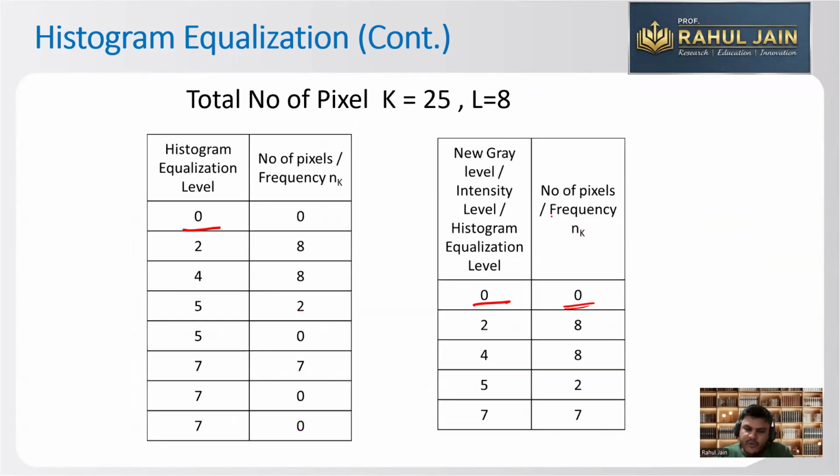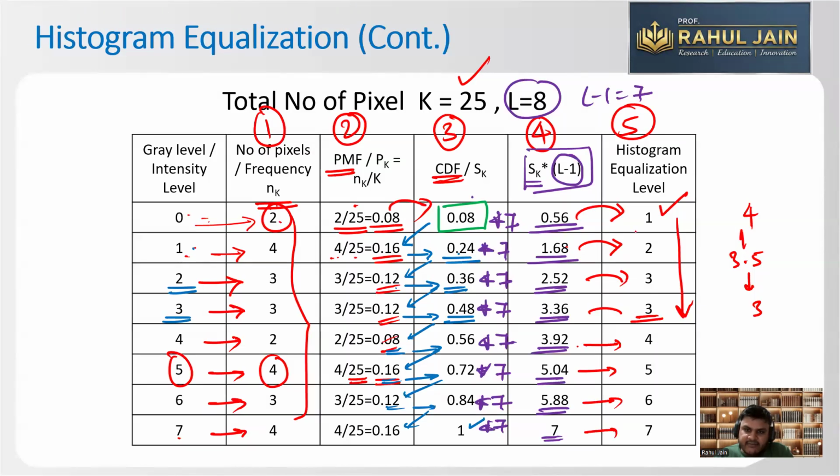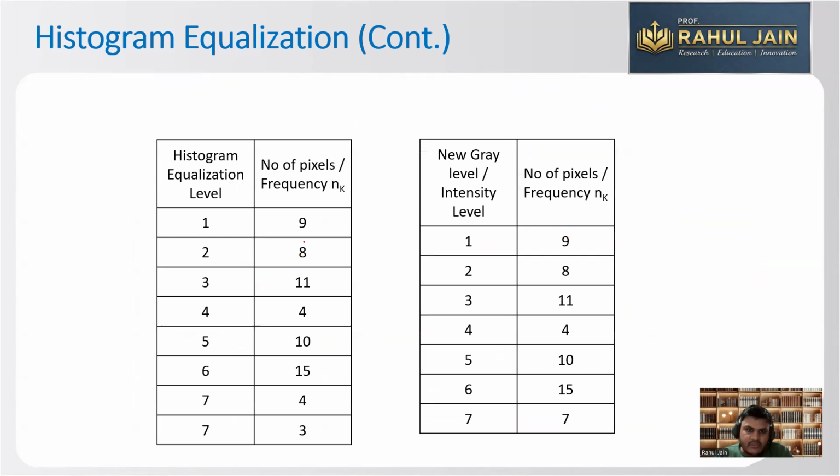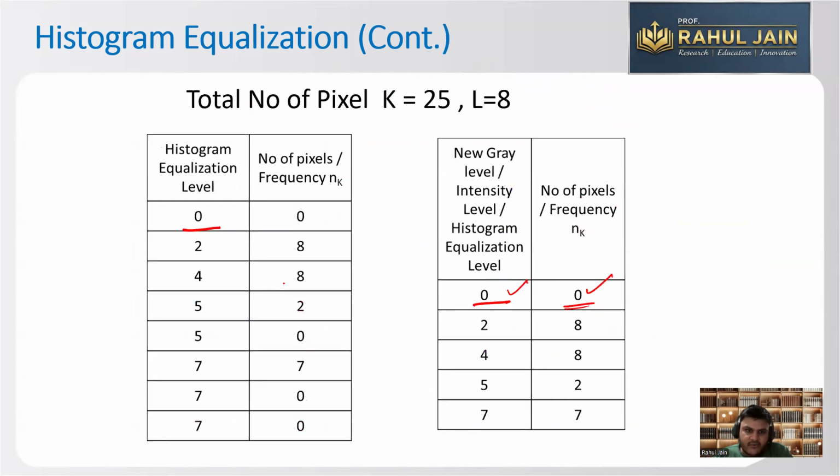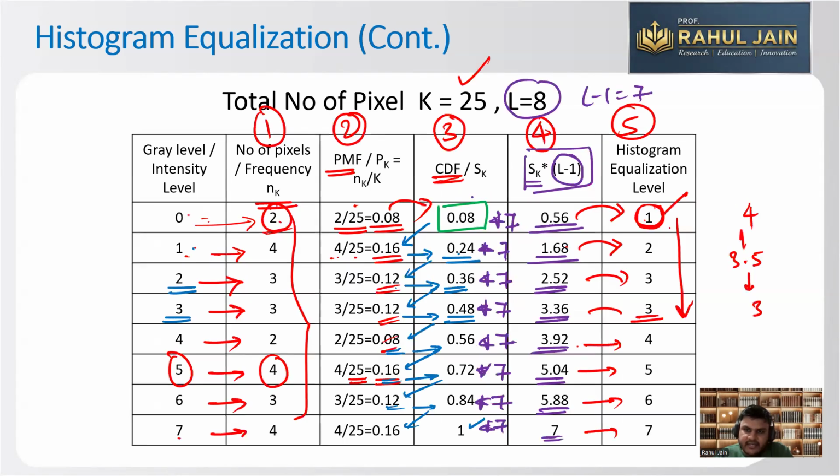So the new total frequency for level 0 is 0. For intensity level 1, only the original 0 is mapped here, so the total is 2.